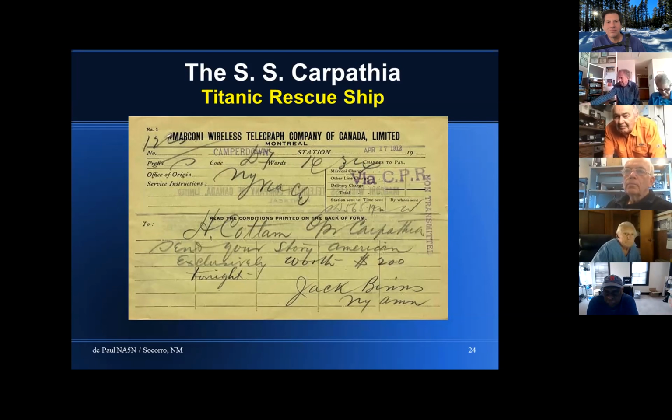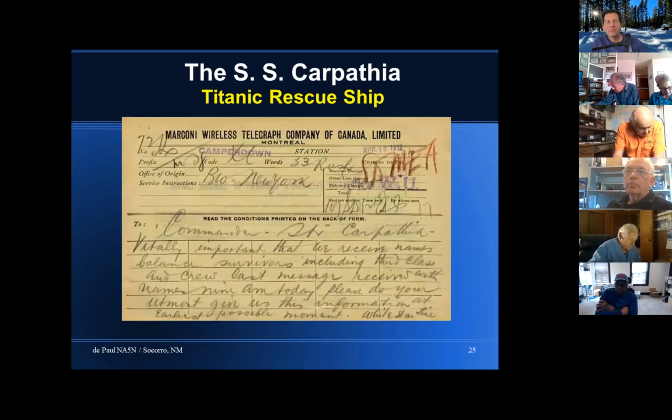Fortunately the operators did not take the offer, and again they were compensated and glorified and everything else by Marconi for not taking this temptation. Again, another telegram seeking information. These are all to give you an idea of what's going on.